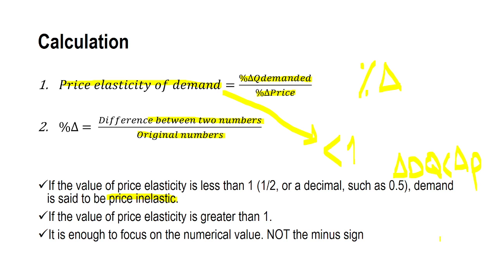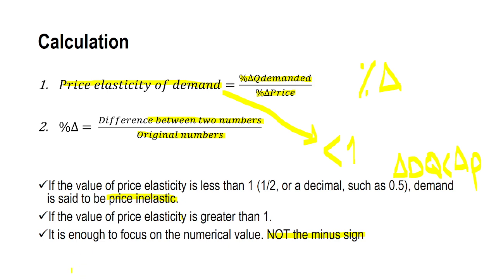The second condition: if the value of price elasticity is greater than 1, we say that the product is price elastic. And finally, it is enough to focus on the numerical value, not the minus sign. If the result of the first formula has a minus sign, there is no need to focus on the minus or positive sign. We just need to focus on the numerical value.